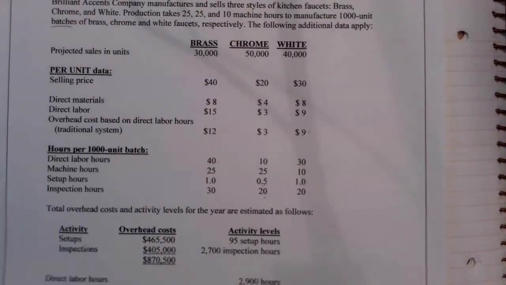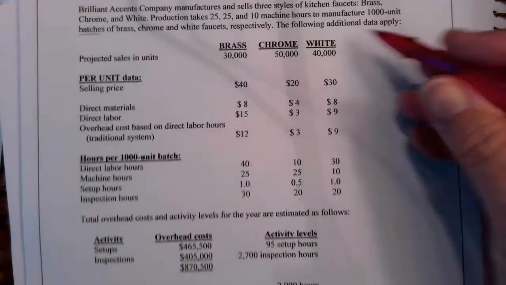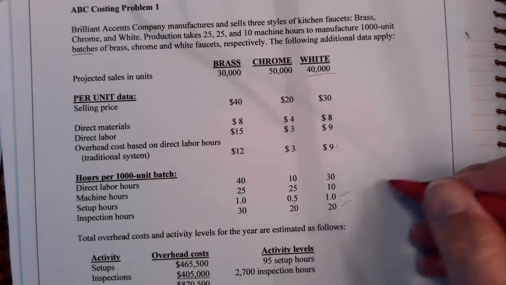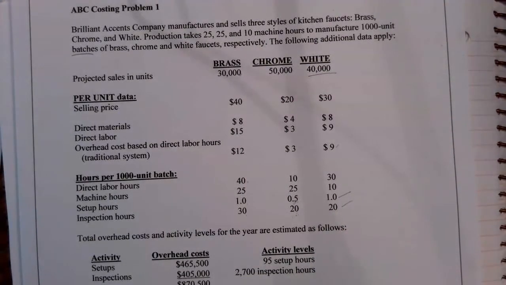So setups, let's look at our data. We have the white one. We're selling 40,000 white ones. It takes 1 setup hour and 20 inspection hours. Okay? But 40,000 is where we have to start. So we have 40,000 units at 1,000 per batch.